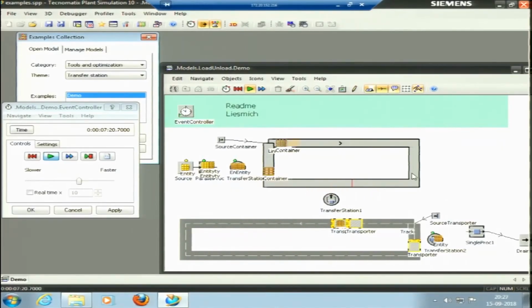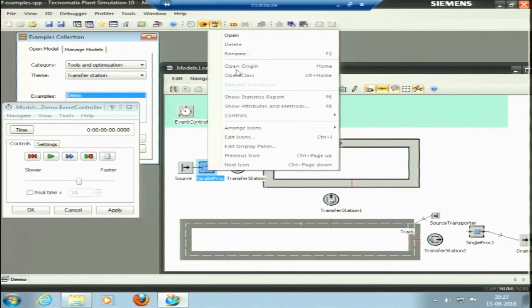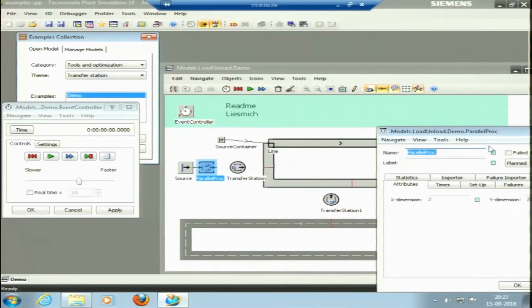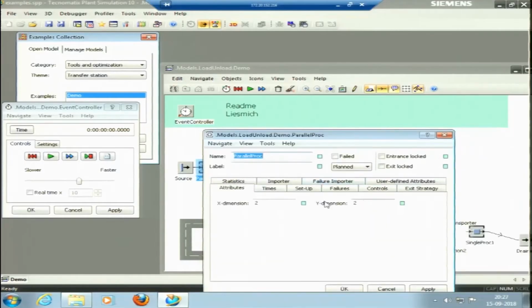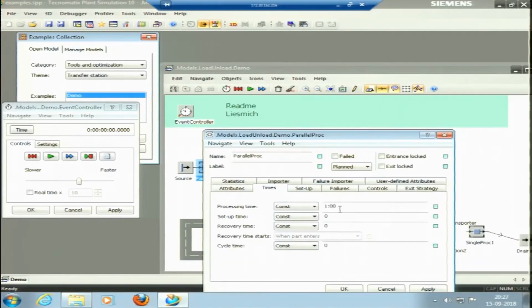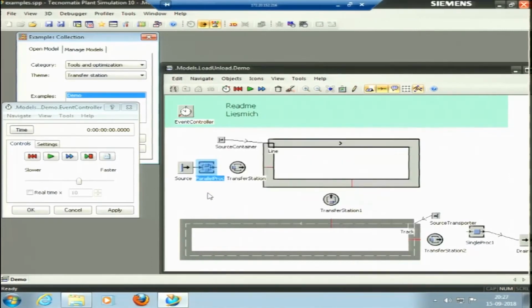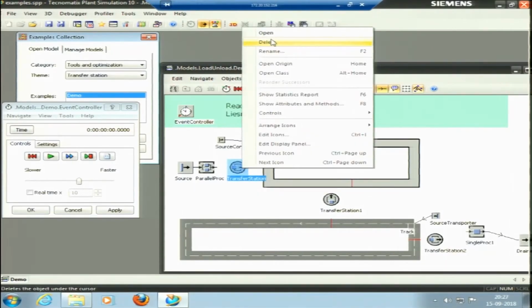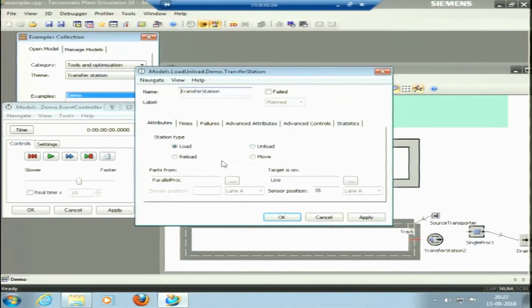Let us first see what are the process parameters here. This is a parallel process in which 2 into 2, 4 processes are there. The time is again the default time, 1 minute. So from source it comes and the transfer station is there. We need not connect the transfer station. When we see the transfer station, it will load the process.